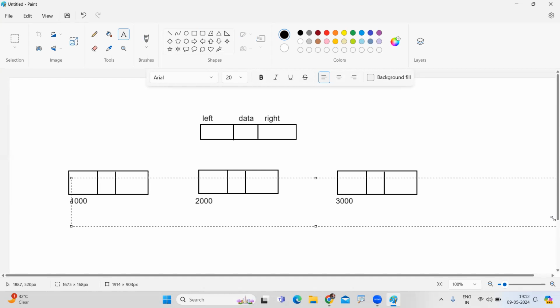First node left link is null because there is no left connection. Suppose 10 is data. Right side node is there, so 2000, it is pointing to this node.